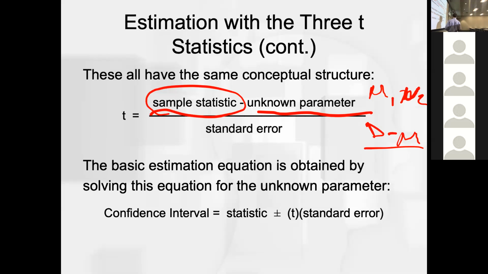To get your confidence interval, you're taking the statistic, so that difference score in some cases, or that mean value, and then you're adding and subtracting your t value, the t-score you got, times the standard error.